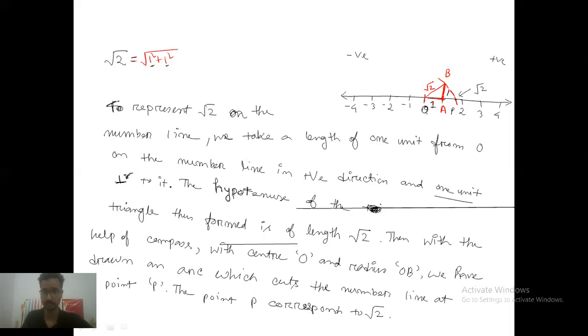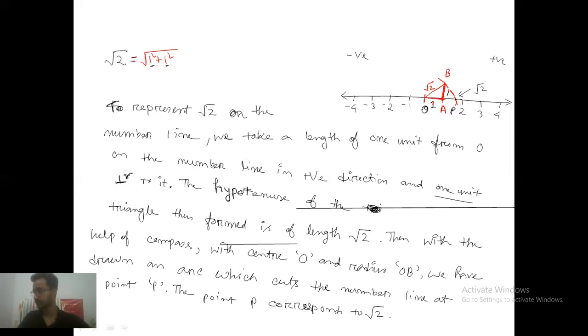Of length root 2, because according to Pythagoras theorem, this is the hypotenuse and this is root 2. Now with the help of compass, taking O as the center and OB as the radius, we have drawn an arc, and this arc cuts the number line at point P. This point P denotes root 2 on the number line.